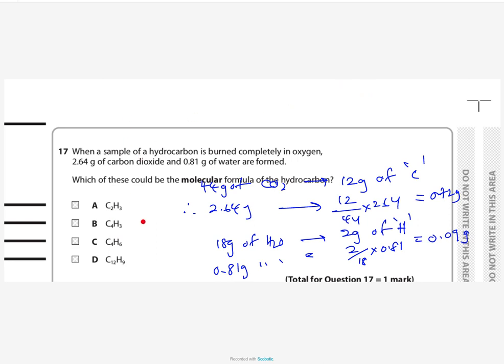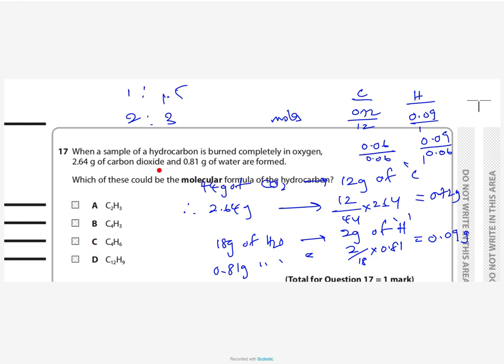So now you've got the masses: carbon is 0.72, hydrogen is 0.09. You find the moles: 0.72 over 12, 0.09 over 1. So 0.72 divided by 12 is 0.06, and hydrogen is 0.09. Divide both by the smallest value, 0.06, to get the simplest ratio. 1 is to 0.09 divided by 0.06, which is 1.5. So it's 2 is to 3.